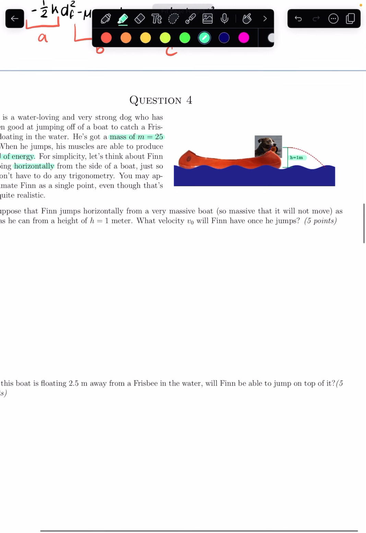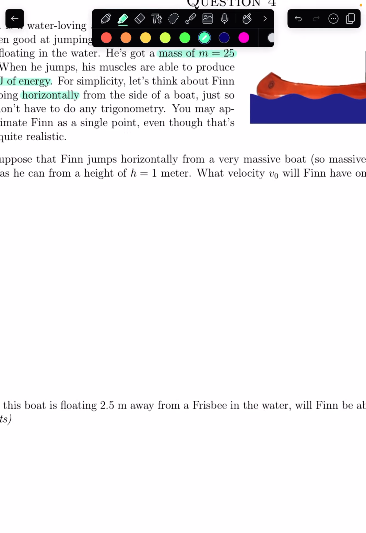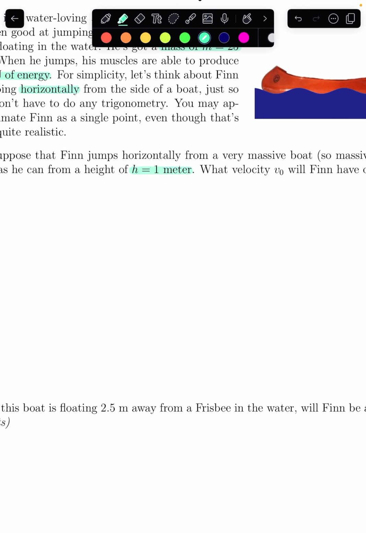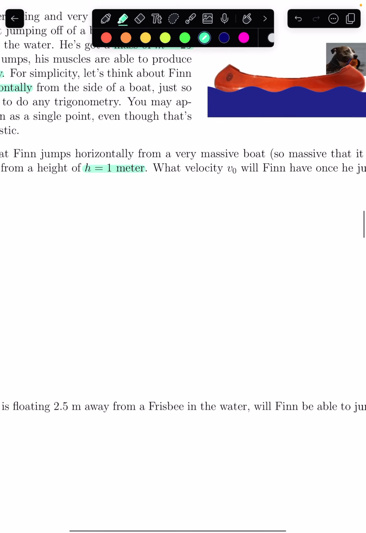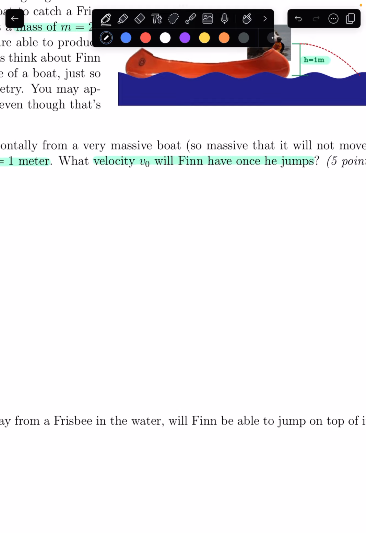So the first part, question A, tells us that we're on a very massive boat, so the boat won't move as he jumps, which is important. And we have the height here, and we want to find the velocity that Finn will have once he jumps, so his initial velocity. We have our energy.